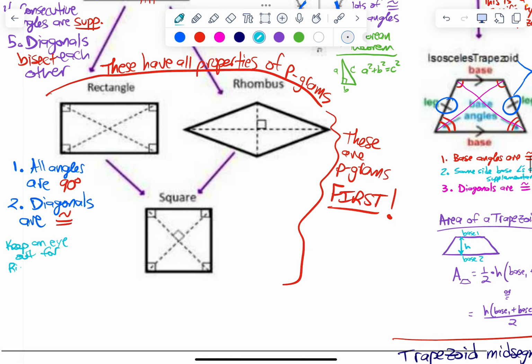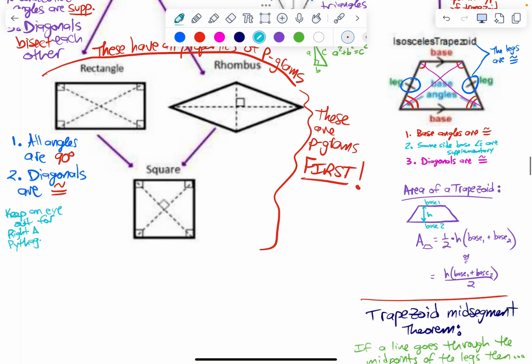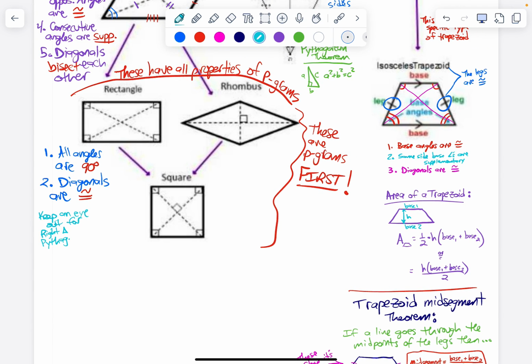For the Pythagorean theorem. What's the Pythagorean thing? a squared plus b squared equals c squared. So it could come up since we have 90-degree angles, just like it did in kites. And if you look just to the right, you'll see that it will probably come up in rhombuses too.